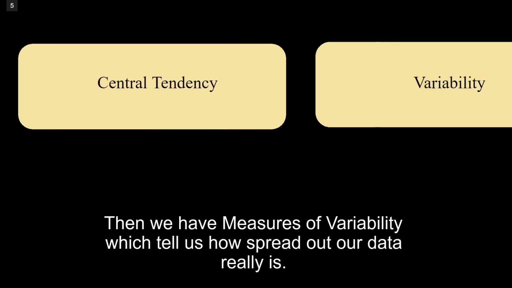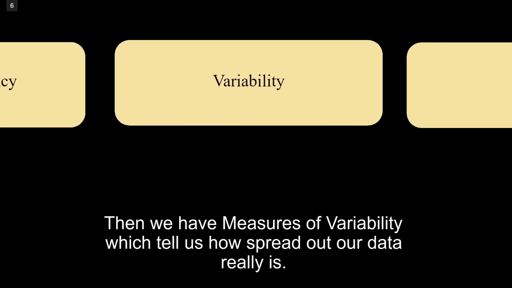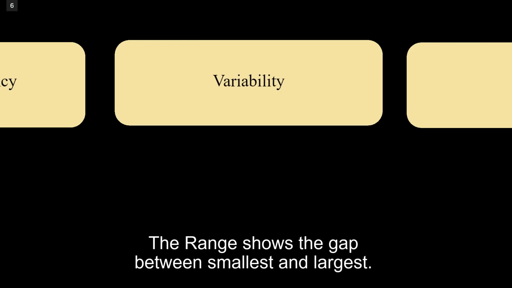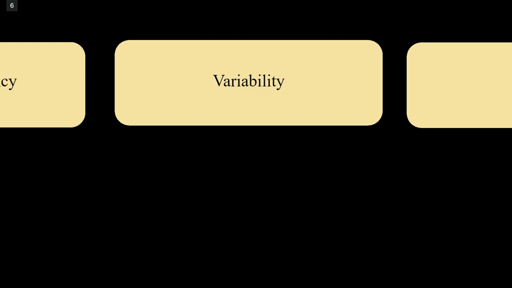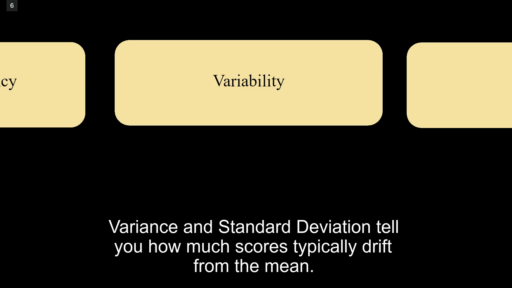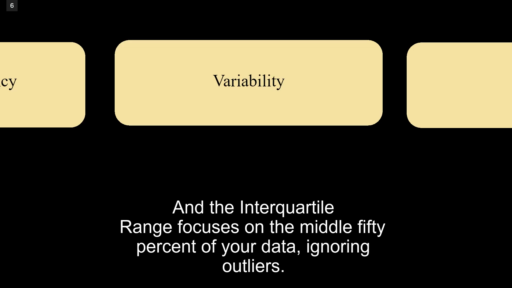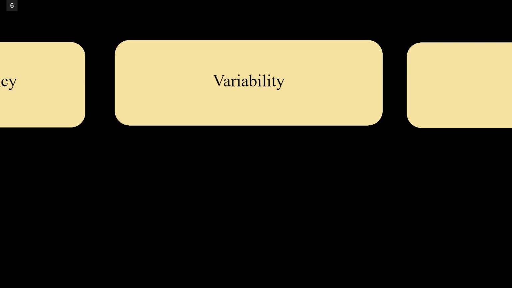Then we have measures of variability, which tell us how spread out our data really is. The range shows the gap between the smallest and the largest. Variance and standard deviation tell you how much scores typically drift from the mean, and the interquartile range focuses on the middle 50% of your data, ignoring outliers.